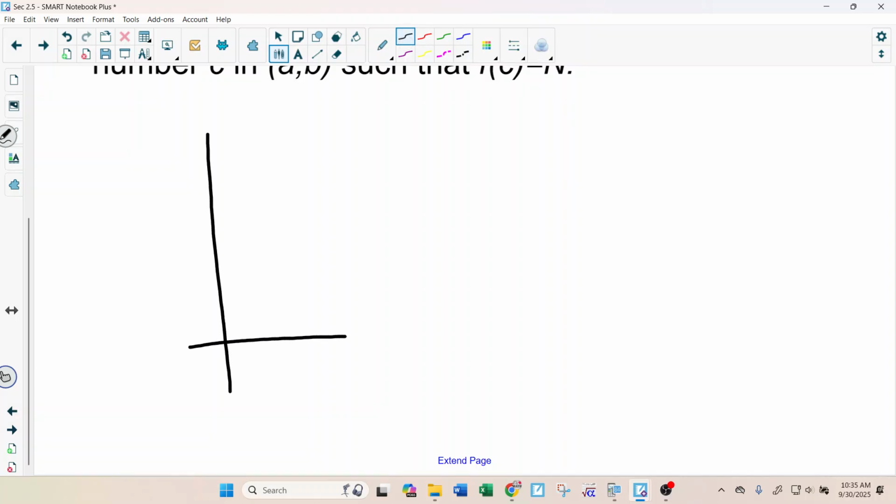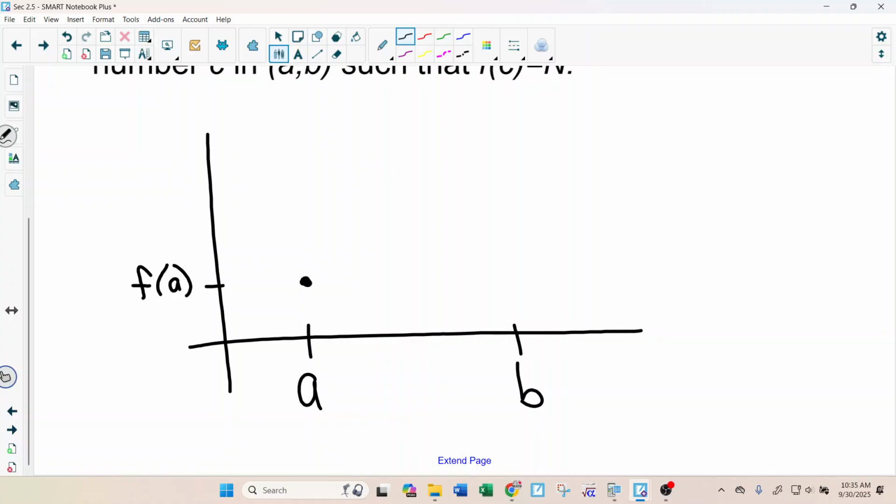So this says, from some interval from a to b, we have f of a and f of b. And it doesn't have to be like that.